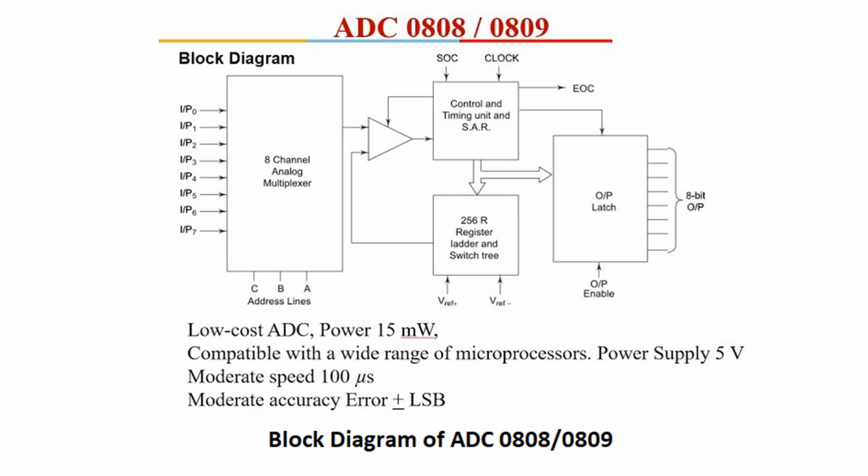The output of the analog multiplexer is applied to the amplifier. From that, it is applied to the control and timing unit and SAR. The output obtained from this circuit is the 8-bit digital output. These things have been represented in this block diagram.